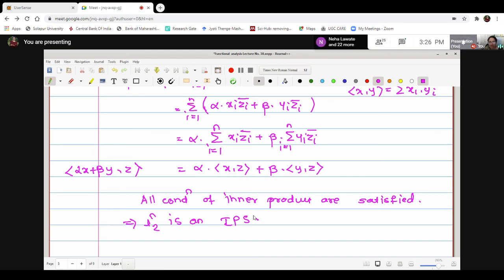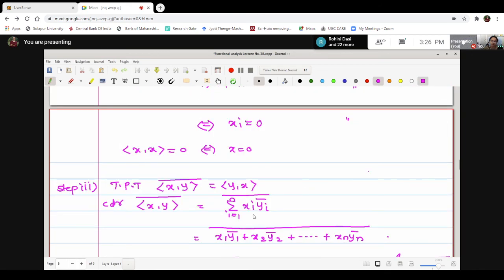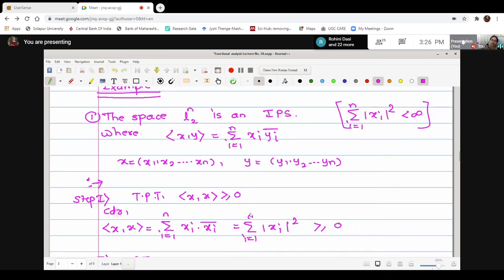Whenever we have the real numbers, the inner product is nothing but ordinary multiplication. This example is a subset of an Rn space. Here we have proved it. Now in the same example, if we just remove the conjugate of yi, you have to check whether it is still an inner product.